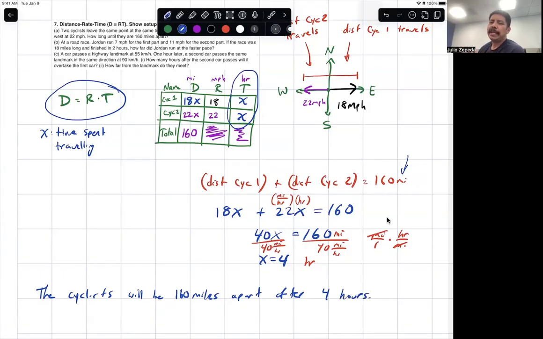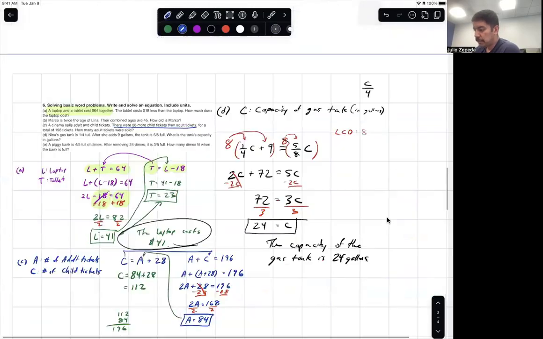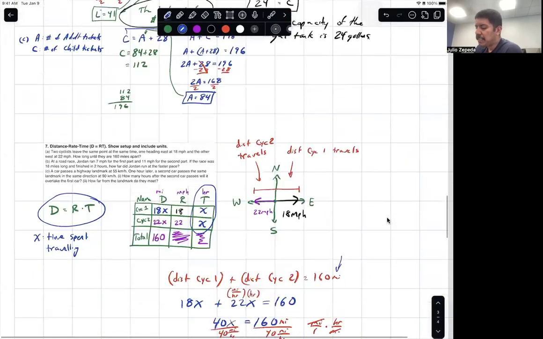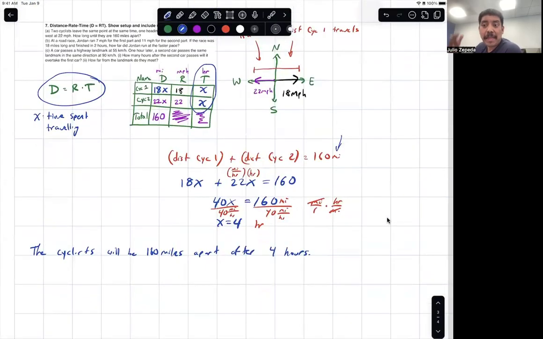A lot of times these answers do end up coming out to be fairly reasonable values. Okay. This actually goes again to checking your answer. There was another problem where I had to check my answer because it didn't seem reasonable. That did seem a little unreasonable there. So now that I'm not sure if I did this problem correctly, I should check to see if after 4 hours they will be 160 miles apart. So yeah, I was just mentioning that you can check their individual distances with these two expressions, 18x and 22x.